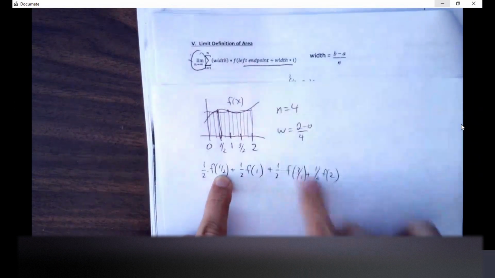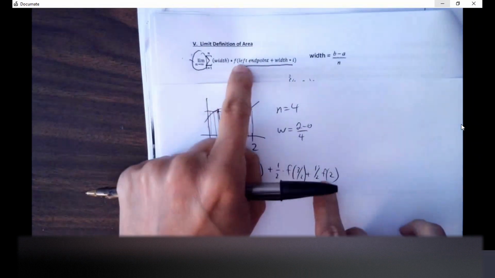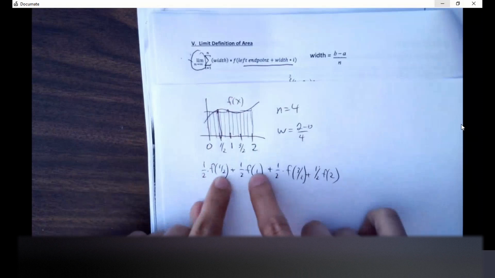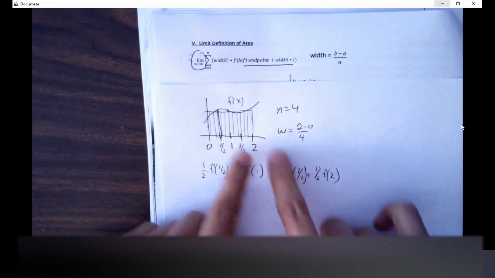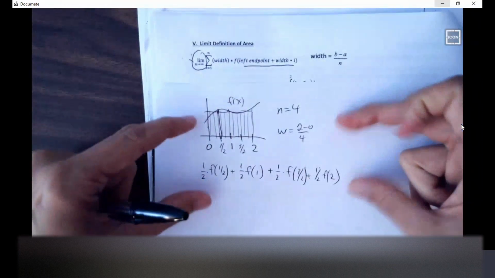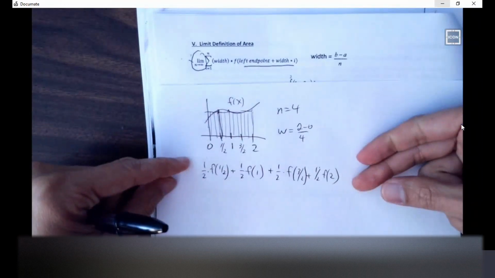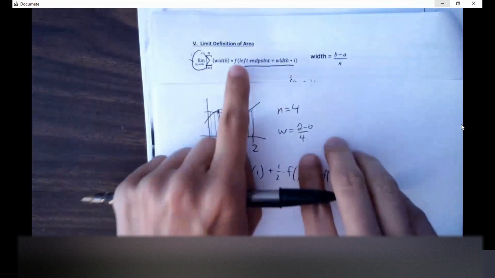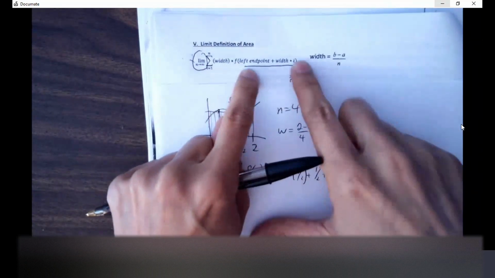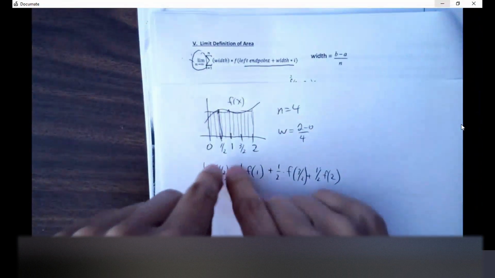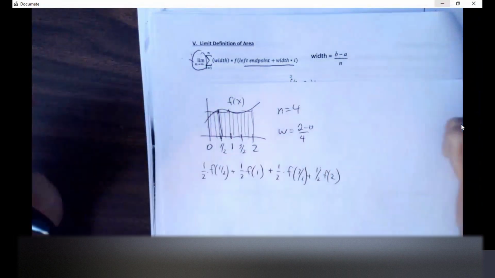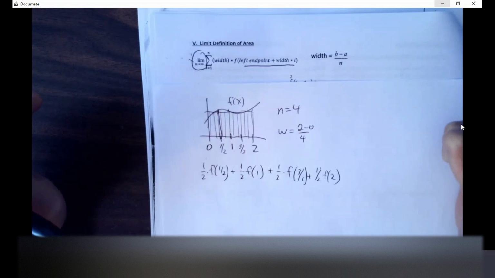It's going to find all those values for us, and the f of left endpoint is going to take the value and insert it into the function as well. So in a way, it's automating a lot of the process that we would do if we only had 4 subintervals. Here there are infinite subintervals, but the notation indicates there's a width component and a height component. If we go through this formula, it will gather all this information for us.